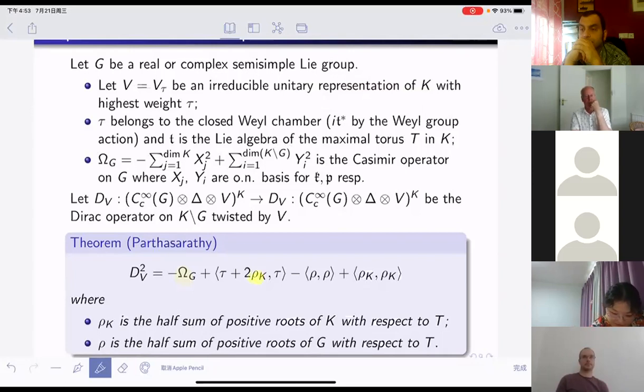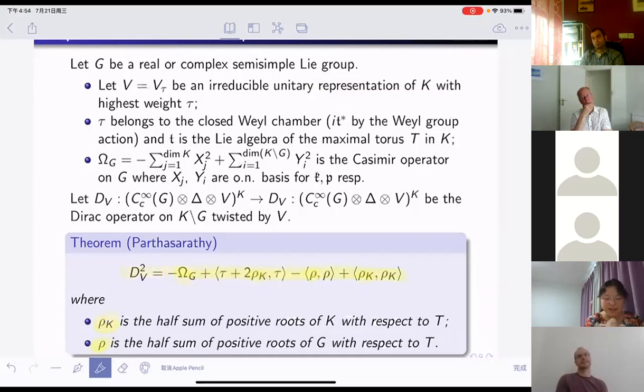And here we have two other notations, rho and rho K. They stand for the half sum of positive roots. One of them, rho K, is the half sum of compact positive roots. The other, rho, is the half sum of compact positive roots plus the non-compact positive roots. So rho is rho K plus the half sum of non-compact positive roots. And we will leave this to later when we show the Dirac operator D restricted to this V is invertible using this formula.